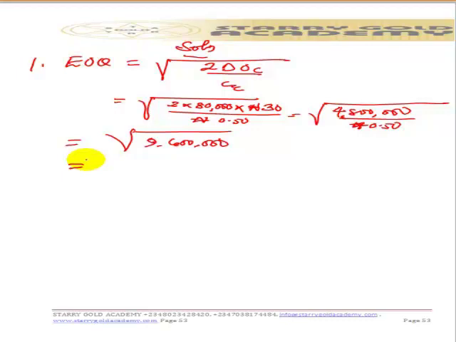So if we're going to find the square root of 9,600,000, let's use our calculator. The square root of 9,600,000 gives us approximately 3,098.